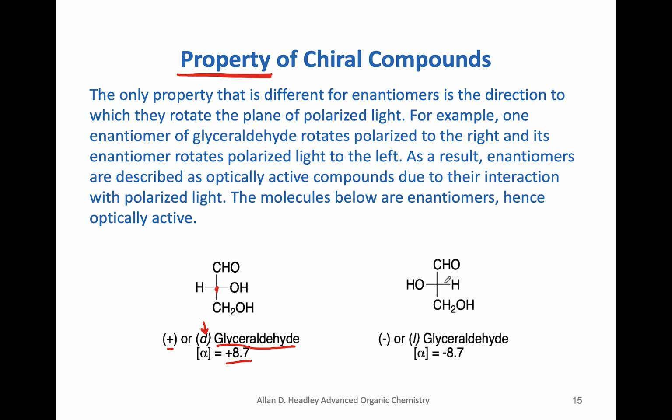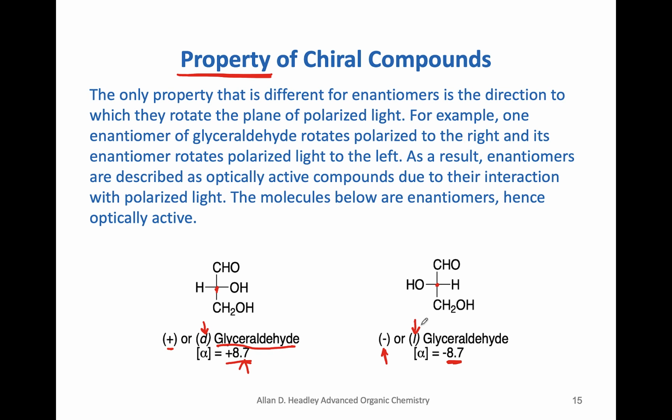Its enantiomer, which is also chiral, a mirror image, will rotate the plane to the left, negative, the same degree as we had here, but in the opposite direction, and we assign an L here because experimentally we observe that it goes to the left, so we call it levorotatory.